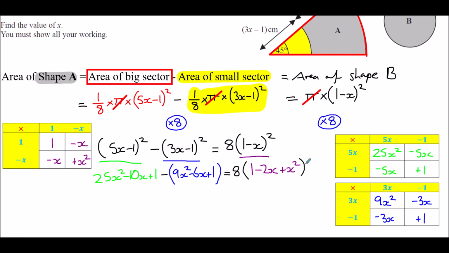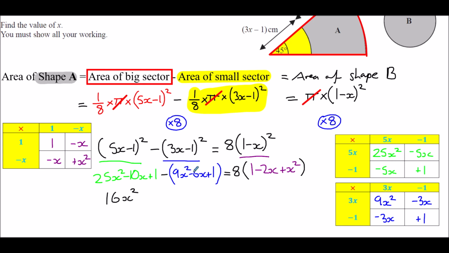So we now need to take a lot of care in terms of getting this neatened up so we can then go on and solve this quadratic. So let's think about here the x squared terms. 25x squared minus 9x squared gives us 16x squared. Now, the x's, this is where it gets a bit tricky. We've got minus 10x, but we're minusing a minus 6x.